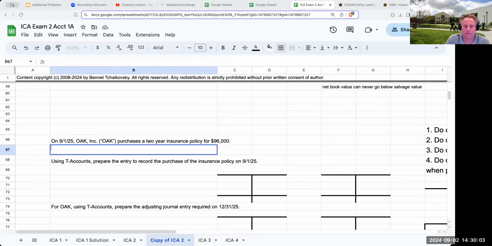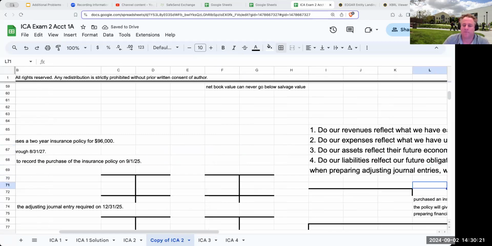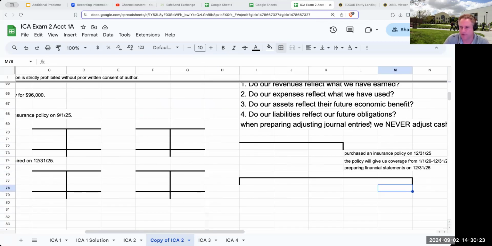That will give us coverage from 9/1/25 through 8/31/27. That's 2 years. So now I'm basically buying this policy not on 12/31, but on 9/1/25.